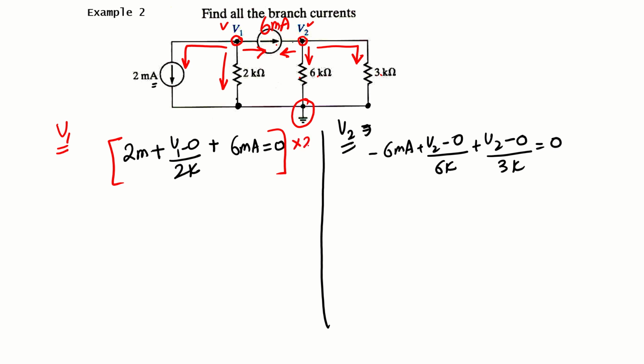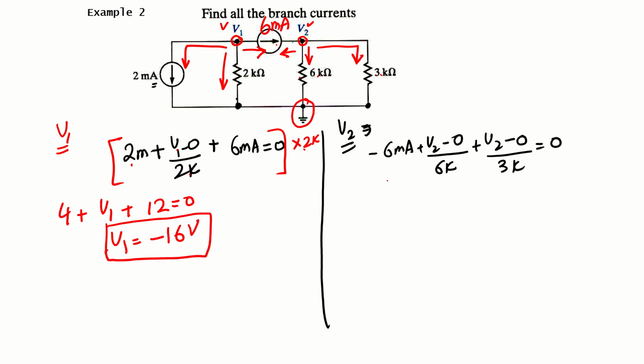So multiply the whole equation with 2k. 2k multiplied with 2 milli gives me 4, plus V1 minus 0, 2k will be cancelled, so I will have V1, then plus 6 milli times 2k, that will be 12, and kilo will be cancelled, is equal to 0. So by simplifying, the value of V1 is equal to minus 16 volt.